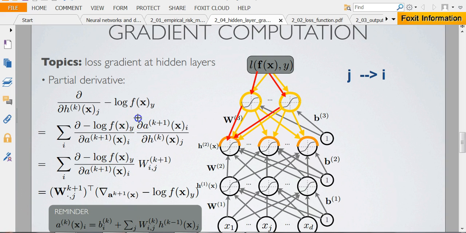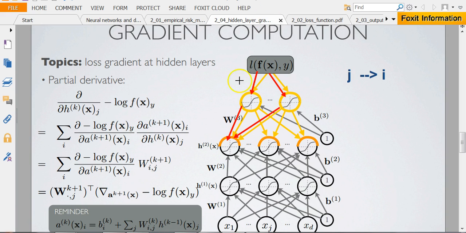Okay, now the next thing is, let's work on this piece here. So we're not going to work on this piece yet, but we're going to work on this piece here. So this is the partial derivative of a, which means the activation here with respect to a change here. But remember that a is given by this equation here, and this h here is the same as this h here.